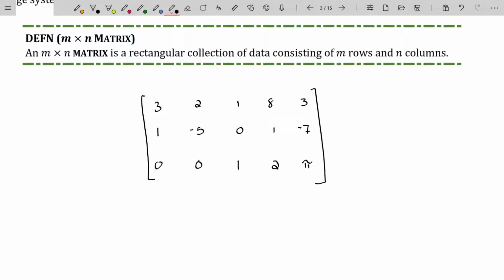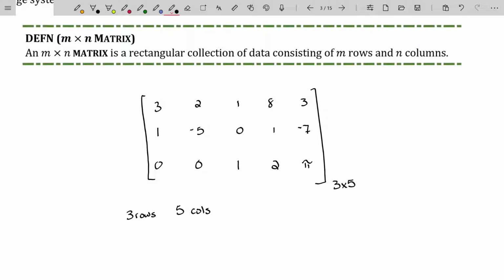For example, this guy right here is just a collection of data, and because it contains 1, 2, 3 rows and 1, 2, 3, 4, 5 columns, I'll write that down as well, we would call this a 3 by 5 matrix.